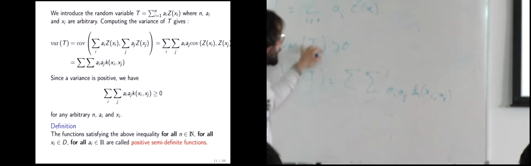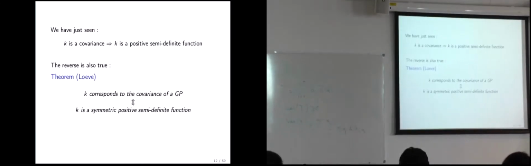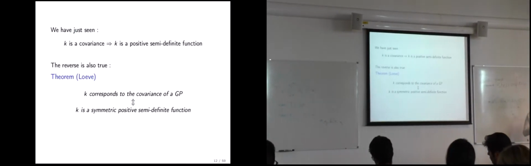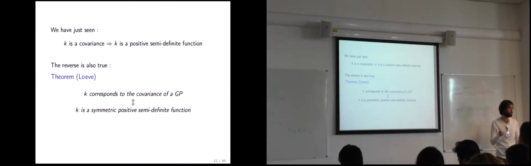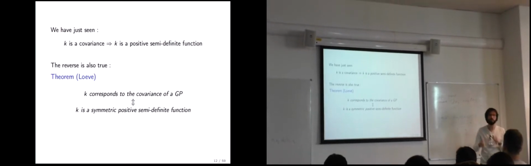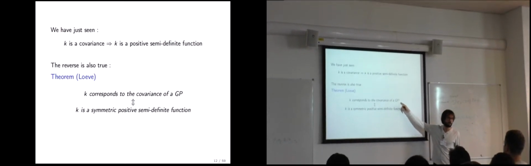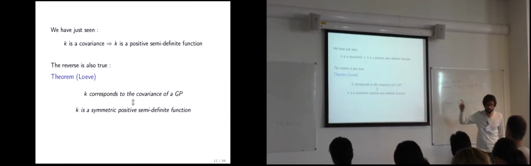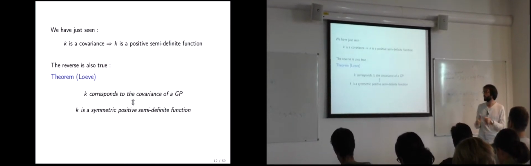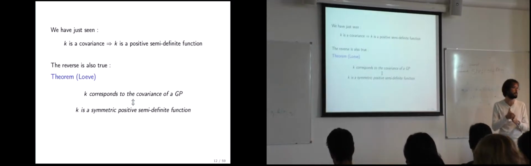Okay, so every kernel will satisfy this property. On the other hand, any function that satisfies this property can be seen as the covariance of a Gaussian process. So there's an equivalence between being positive semi-definite and being a covariance of a Gaussian process. All right, so these are the two requirements for a kernel: being symmetric and being positive semi-definite.